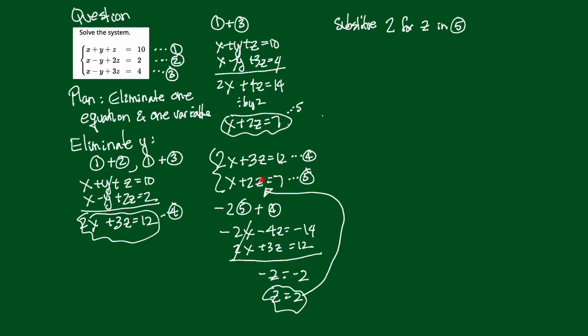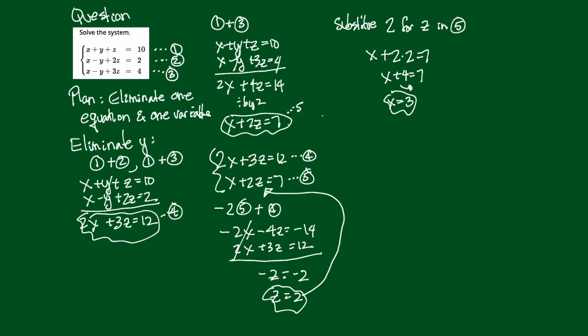So I put that 2 right in here, and we will get x plus 2 times 2, since z is 2, that's equal to 7. So x plus 4 is equal to 7. Subtract, I get x equals 3.